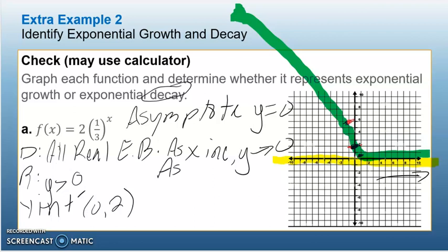And as x decreases, so when I go to the left, you can see that the arrow is pointing upward. That means my y increases. Now, if this was a growth, then my two statements would be switched around. But that is a quick review on how you can graph an exponential and then identify 5 main key features.